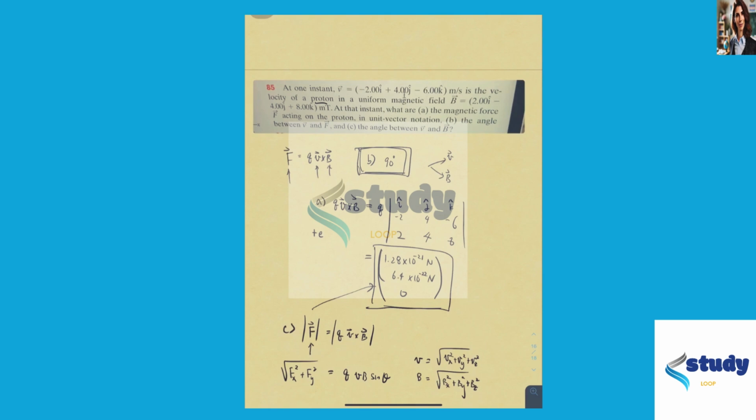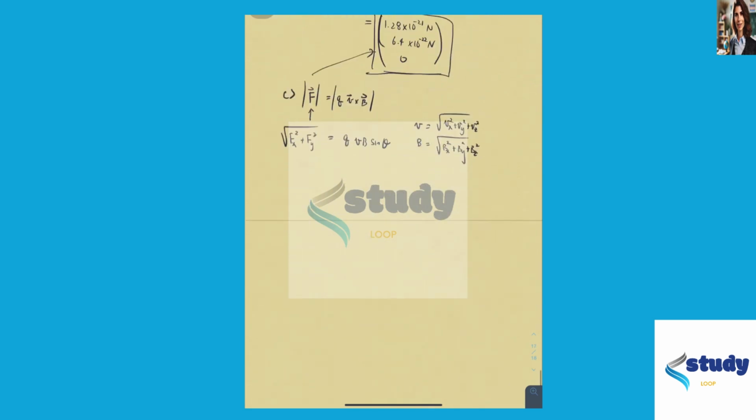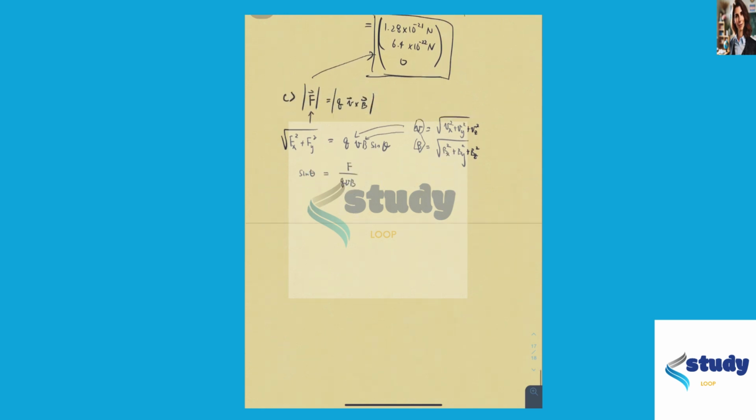You can find Bx, By, and Bz by looking here, and vx, vy, and vz by looking here. After you calculate the magnitudes of the velocity and B field, you plug them in, and we can find an expression for sin θ, which is the magnitude of F divided by qvB.